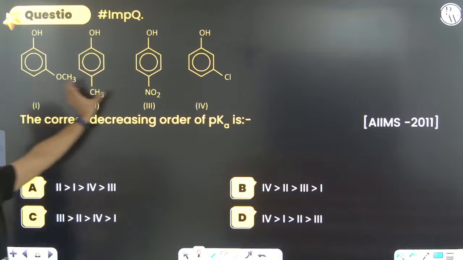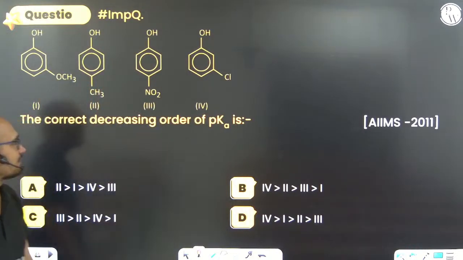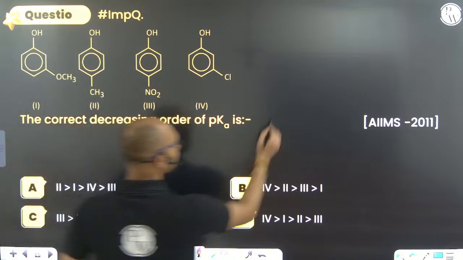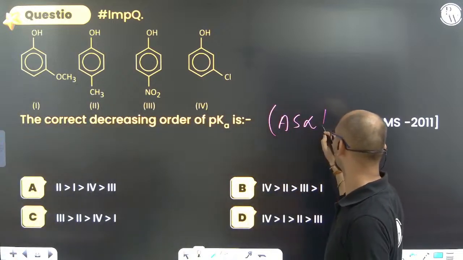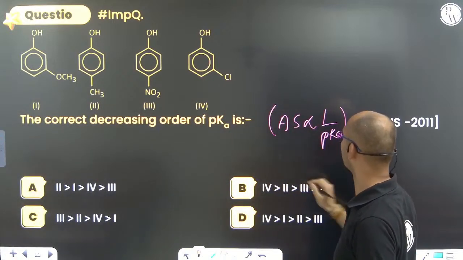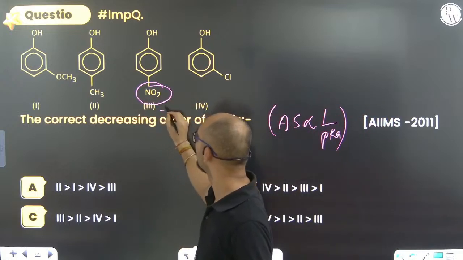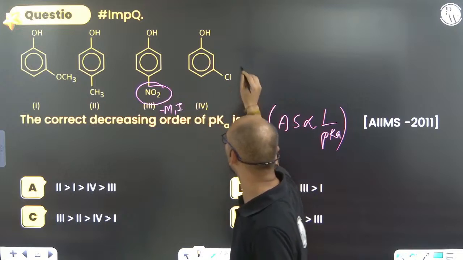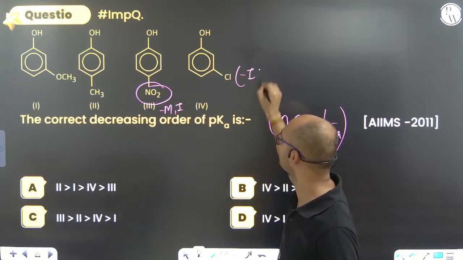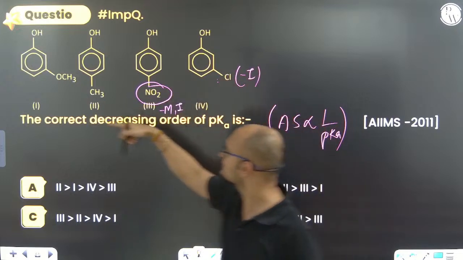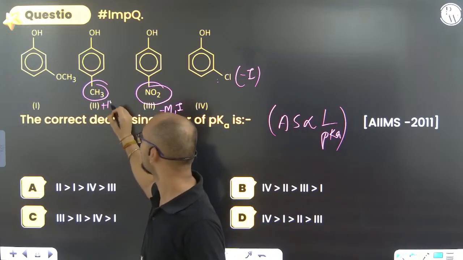Next is this. So the correct decreasing order of pKa. pKa, always remember, acidic strength is inversely proportional to pKa. Let's talk about acidic strength. Maximum acidic strength is for the one with minus M, minus I. What about this? This is minus I because it is at meta. What is this? Plus M. What about this?